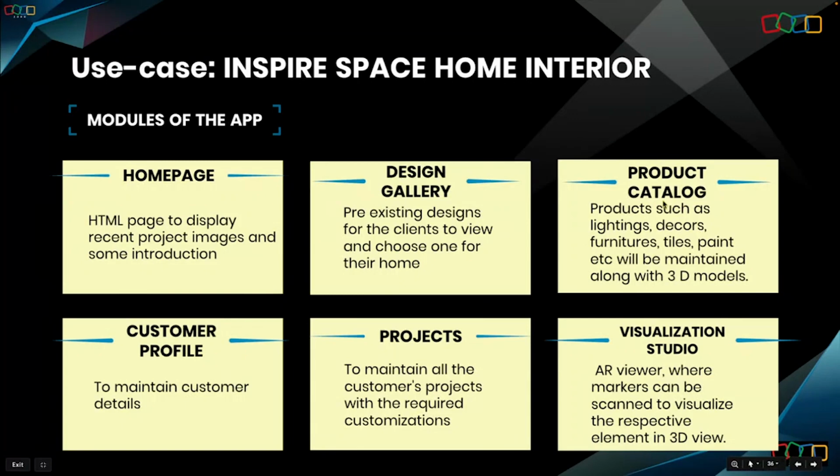And then we have the product catalog module, where we have a list of products for home interior designing, which can be lightings, furnitures, 3D models of all the home decors, and the clients can explore all the products, and they can even place orders of the project.